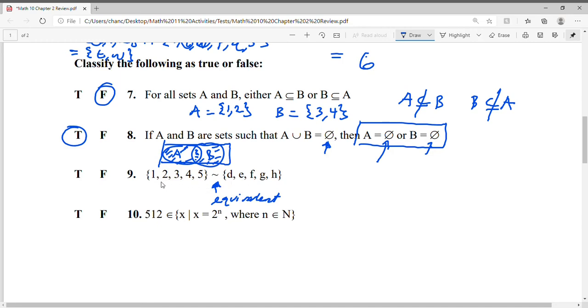Well, we have to make sure they have the same number of elements. We have 1, 2, 3, 4, 5. 1, 2, 3, 4, 5. So yes, I can make a one-to-one correspondence between each of the numbers and then the letters. So this is an equivalent set. It is in fact true. We can make a one-to-one correspondence.